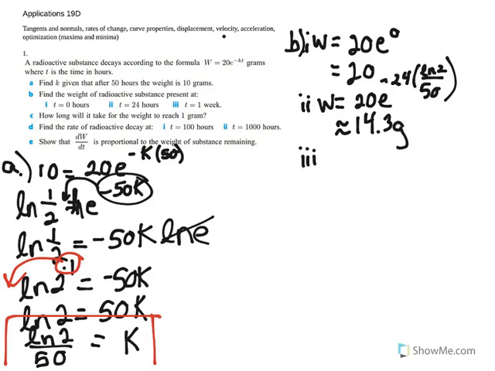And then the third one, so 1 week. So figuring out what 1 week is, so 24 hours in a day, 7 days, so that's 168. Use your calculator, double check that. So that's e to the negative 168 times the natural log of 2 over 50. Again, completely dependent upon our calculator.